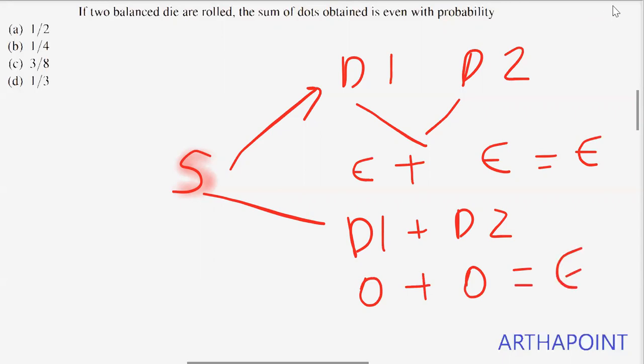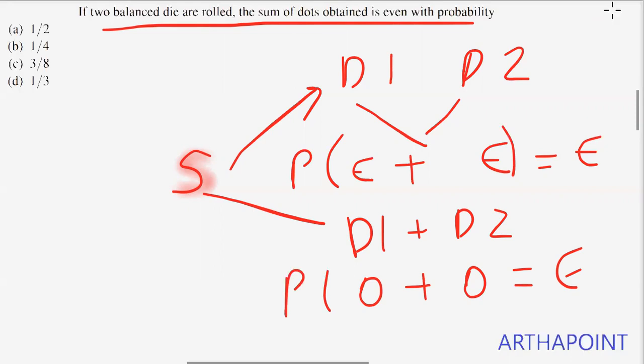So ideally this question boils down to two things: the probability of me getting both even numbers and the probability of me getting both odd numbers. The probability of us getting even and even is nothing but the probability of even multiplied by the probability of even.